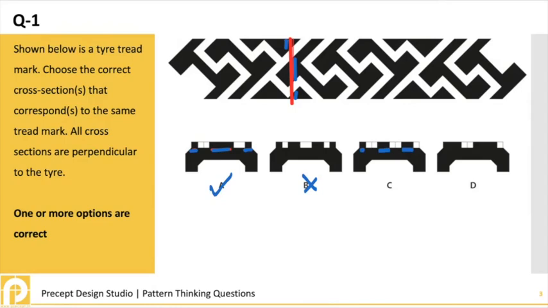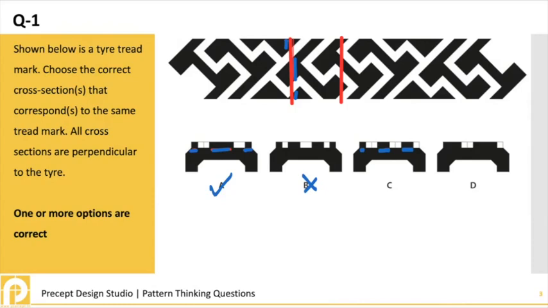Now, where do we find that? That kind of cross section is found somewhere here. This is the place where we find that cross section: empty, one medium, and a tiny one at the end.